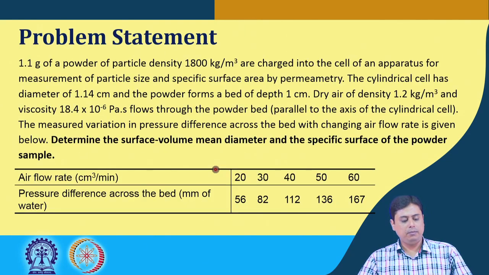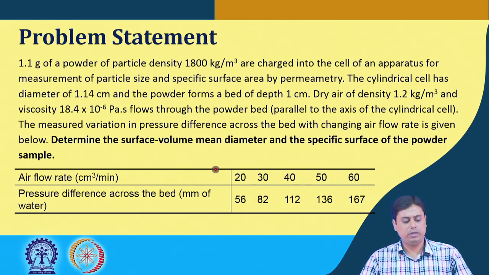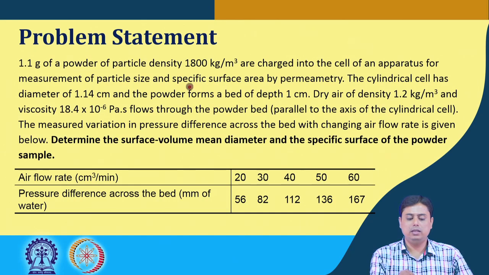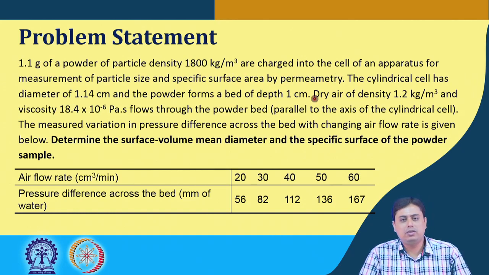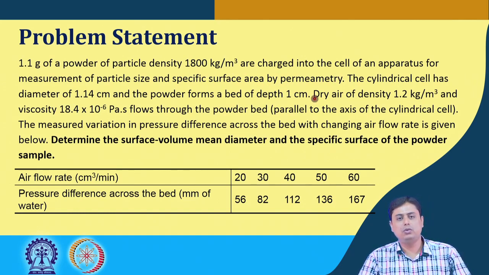In the second problem, which I told you is a multi-layered problem, it requires a bit of fluid mechanics background. By mentioning this method, we have stated that this problem is related with the solution of Kozeny-Carman equation or Carman-Kozeny equation at low Reynolds number, which is valid.